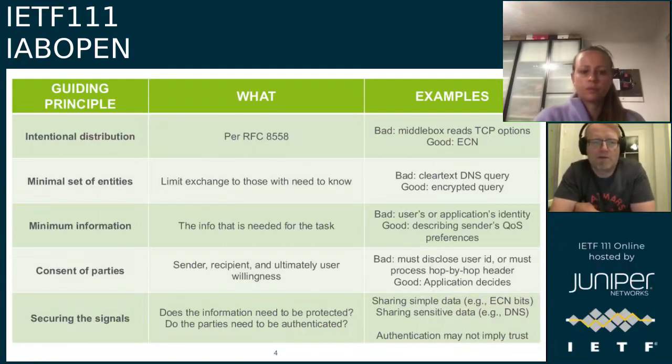Of course, you should have consent of parties. So essentially both the sender that is willing to send some information, and obviously in this new explicit encrypted design model, only those who actually want to send something will be doing that. So that's kind of easily handled. But also the recipient and ultimately the user needs to be willing to do things. So some bad examples, let's take an example of the recipient side.